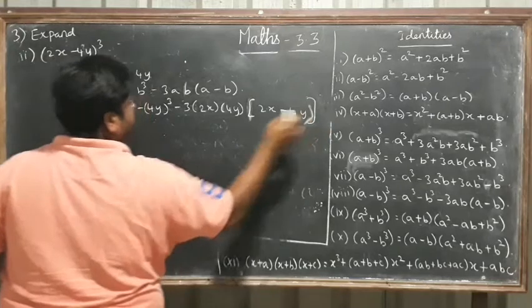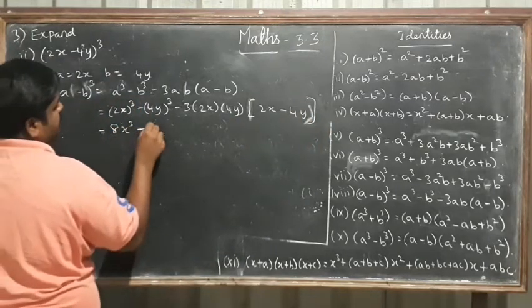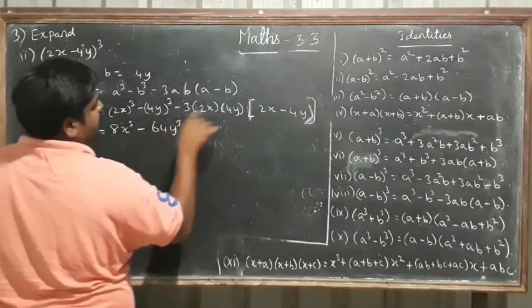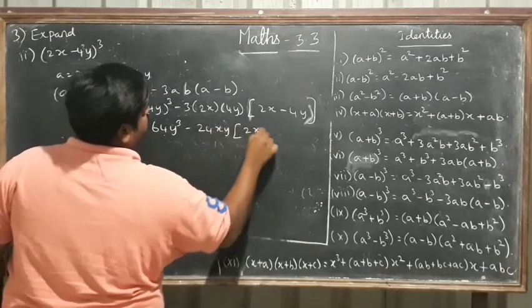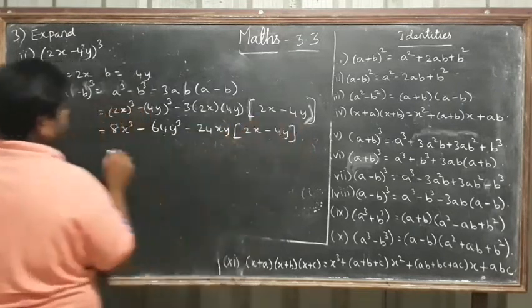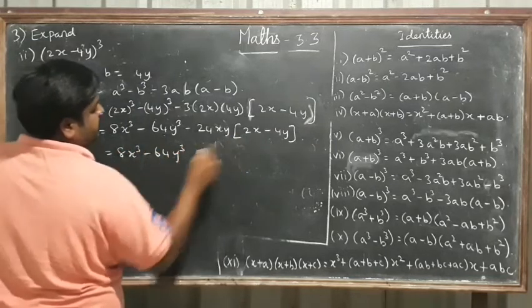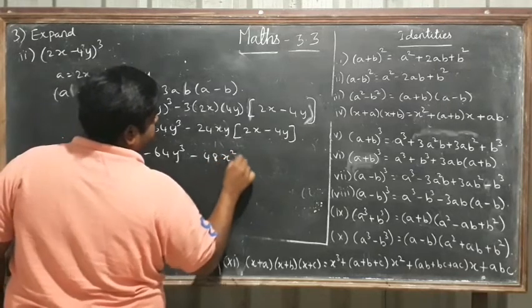Close the bracket, which is equal to 2 2s are 4, 4 2s are 8x cube, minus 4 4s are 16, 16 4s are 64y cube, minus 3 2s are 6, 6 4s are 24xy into 2x minus 4y. 8x cube minus 64y cube, plus into minus is minus 24 2s are 48x square y.